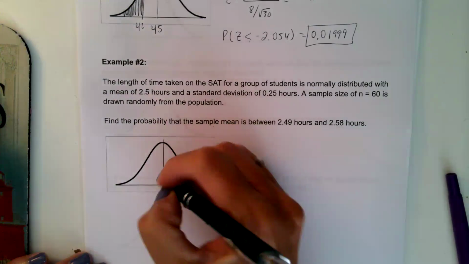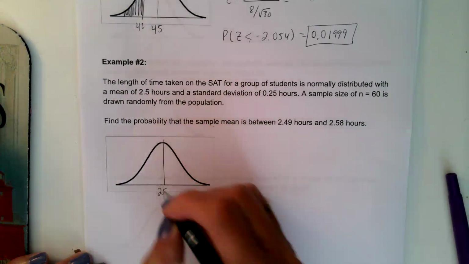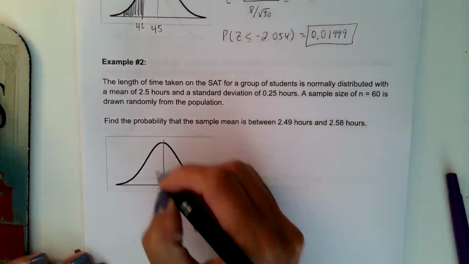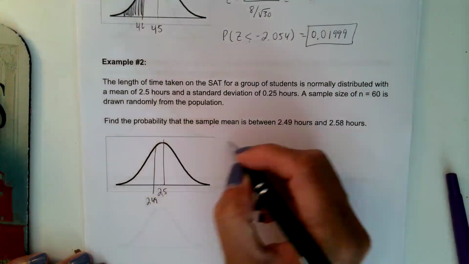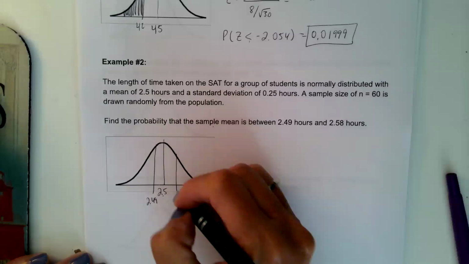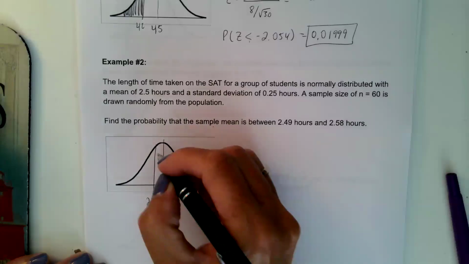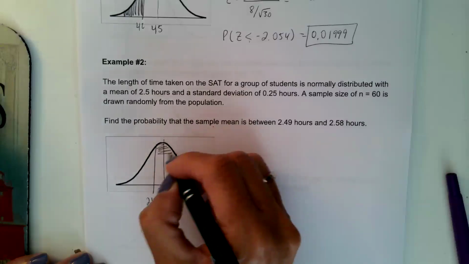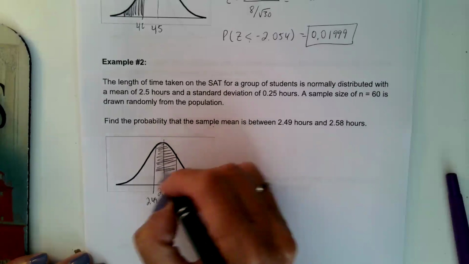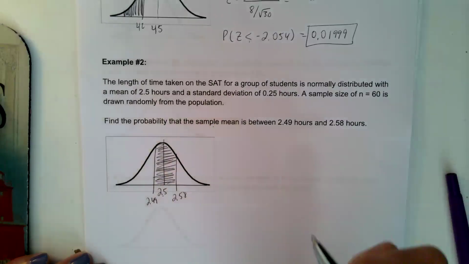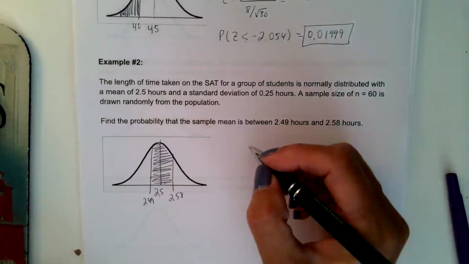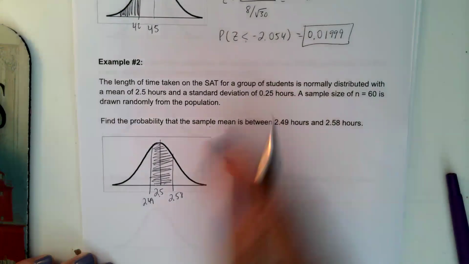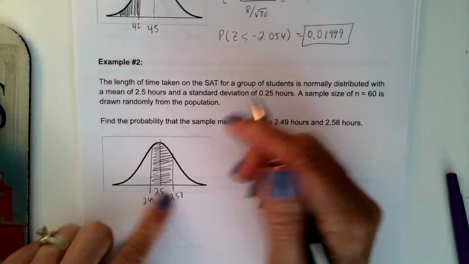So 2.5 is our mean right there. So 2.49 and 2.58 is this right here. So remembering what we did back in the last 2 lessons, we are going to take the difference here.